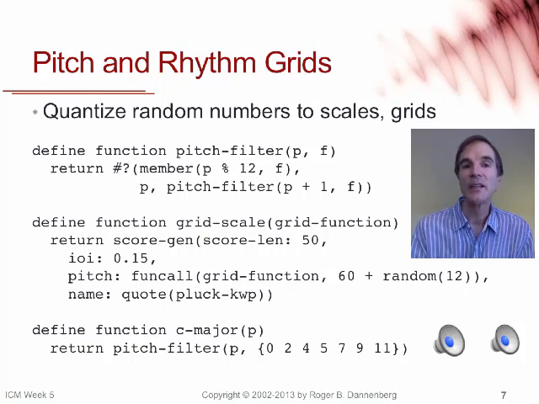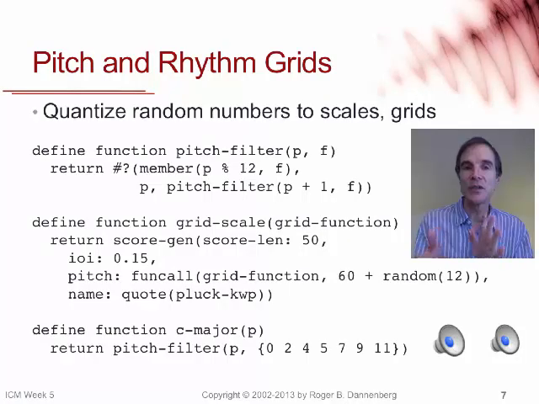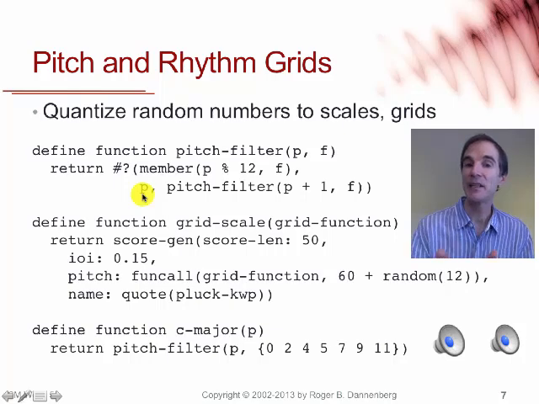So the idea of a grid is that we can pick continuous random numbers, shapes, maybe from nature, maybe from random number generators, and we can quantize those according to a grid, which might introduce a bit of a structure of its own. So, for example, here is a function called pitch filter that looks to see if the pitch P is a member of list F. And if it is, then we return P, so we pass through the grid.